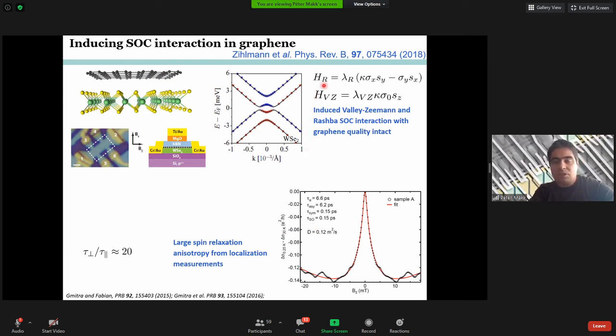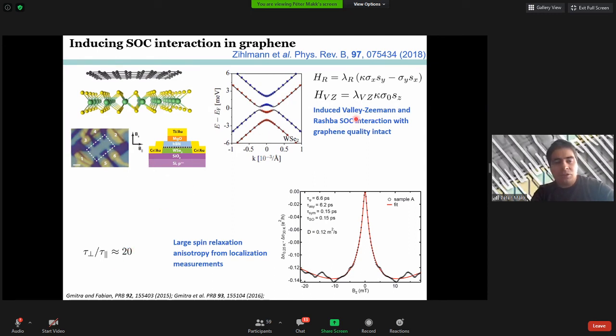We found a sizable Rashba and valley-Zeeman spin orbit interaction, which leads to large spin relaxation anisotropy. This work was also a collaboration with the previous speaker, and similar measurements have been done in spin-valve devices.